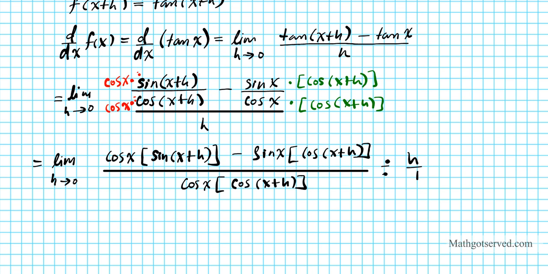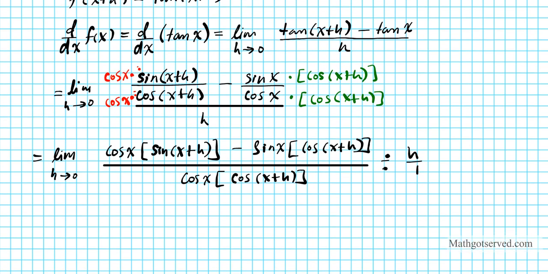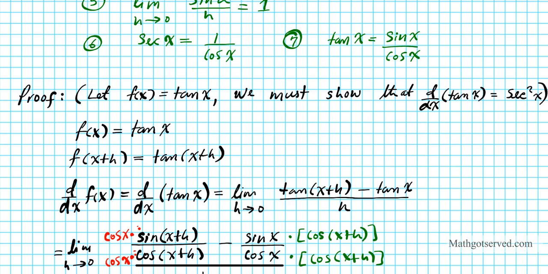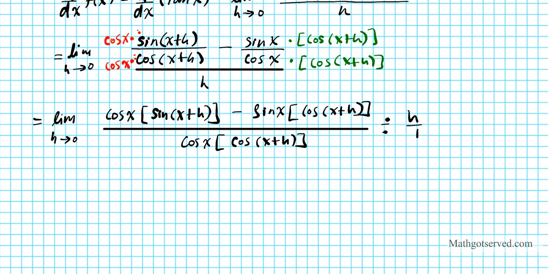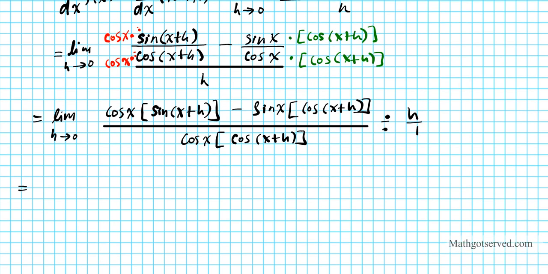Okay. Now we're going to make use of formulas 2 and 3, the sum and difference identities, to break down this sine, which is the sum of two angles, this cosine, and then this cosine. Let's go ahead and break this down. We're going to have the limit as h approaches 0 of cosine x. Let's put the cosine on the outside and focus on finding the identity for sine of x plus h, which is sine x cosine h.